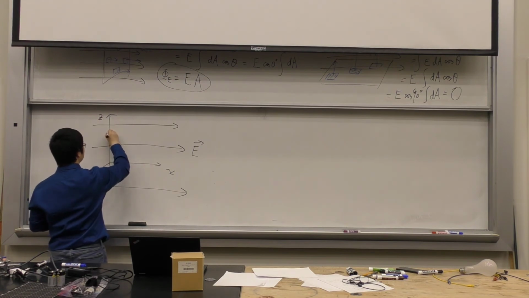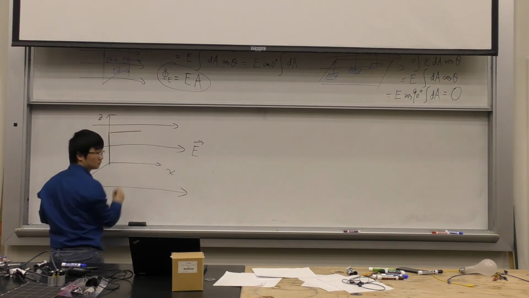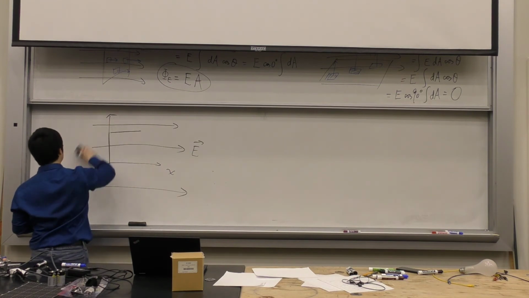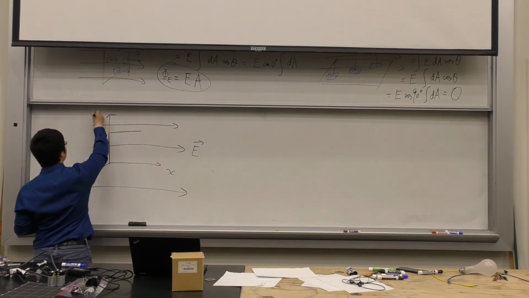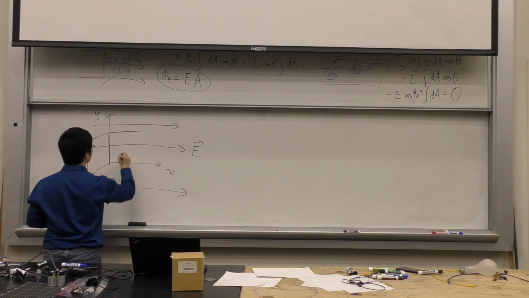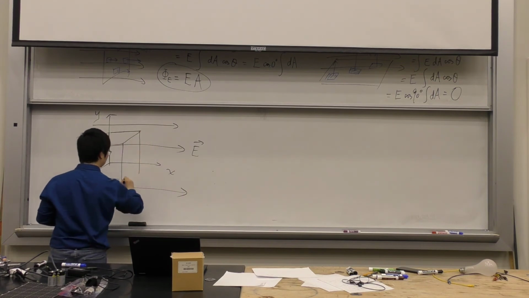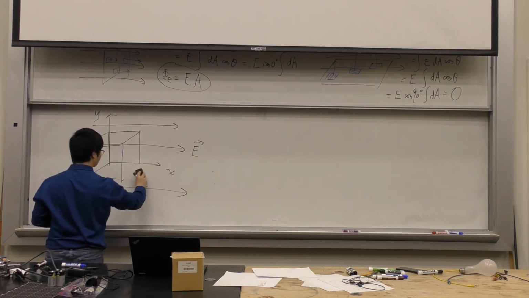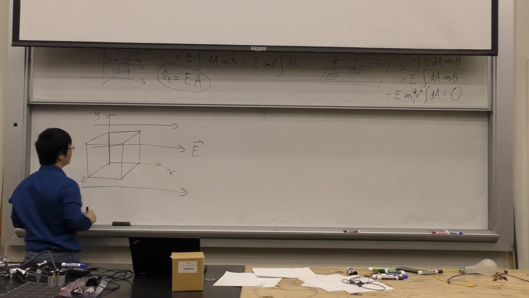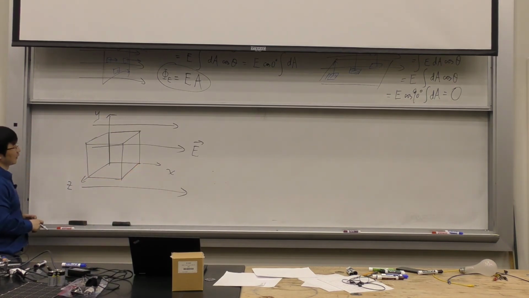Now there's a cube here. This is y, this is z, but it doesn't matter. All right, so I think that's how you draw a cube in three dimensions.